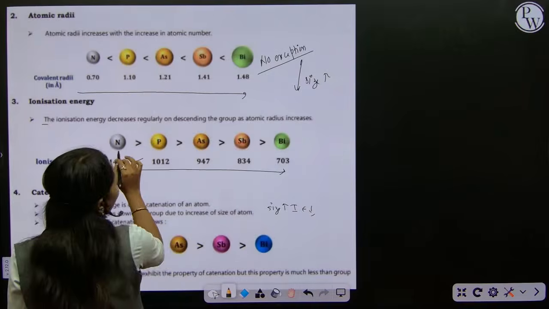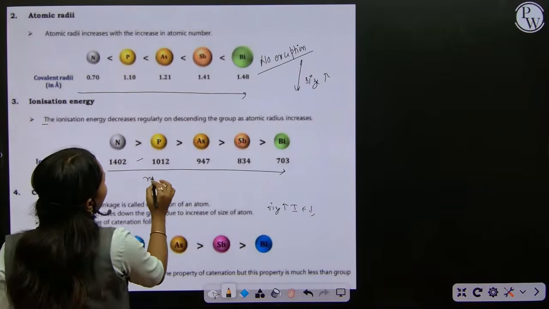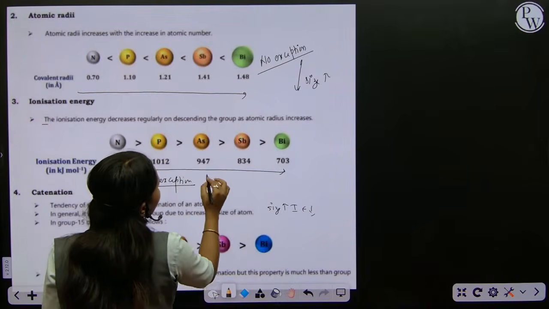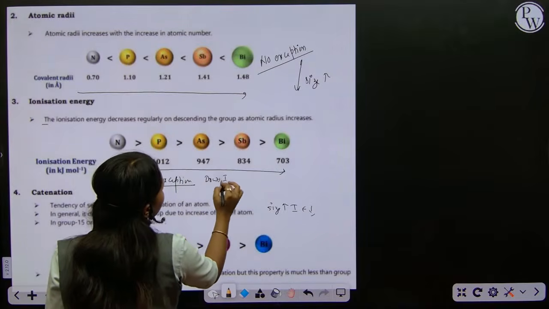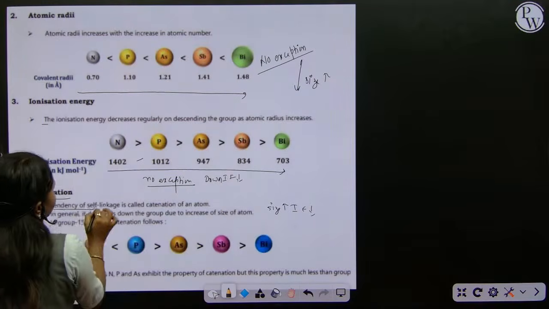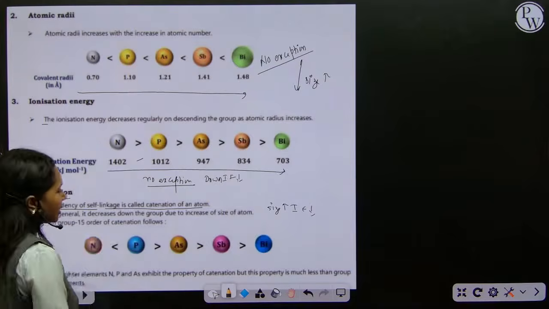They are following the normal trend. Again, no exception here. Down the group ionization energy decreases. Correct.